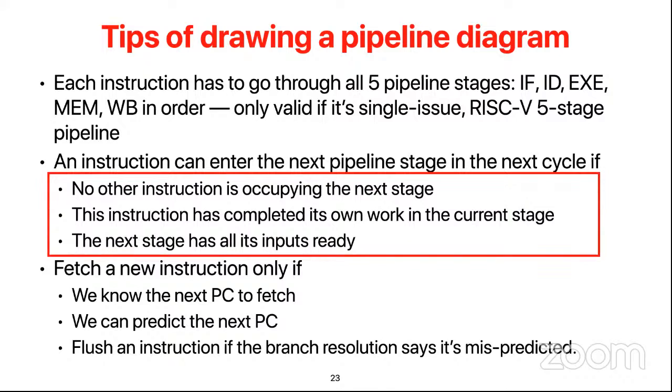First, no other instruction is occupying the next stage, or the target functional unit. Second, the instruction has done its own work at the current stage, for example it has finished decoding or fetching. Third, the next stage has all its input ready. To enter the execution stage, I need all the inputs to be ready. So these are the three guidelines for whether we can execute an instruction.